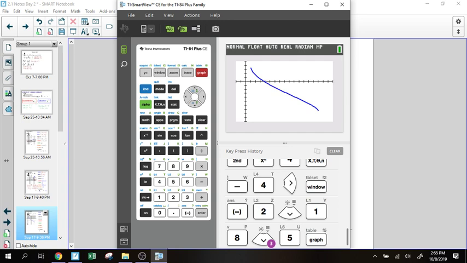You should be getting a picture that looks something like this. Did we all get it typed in correctly?